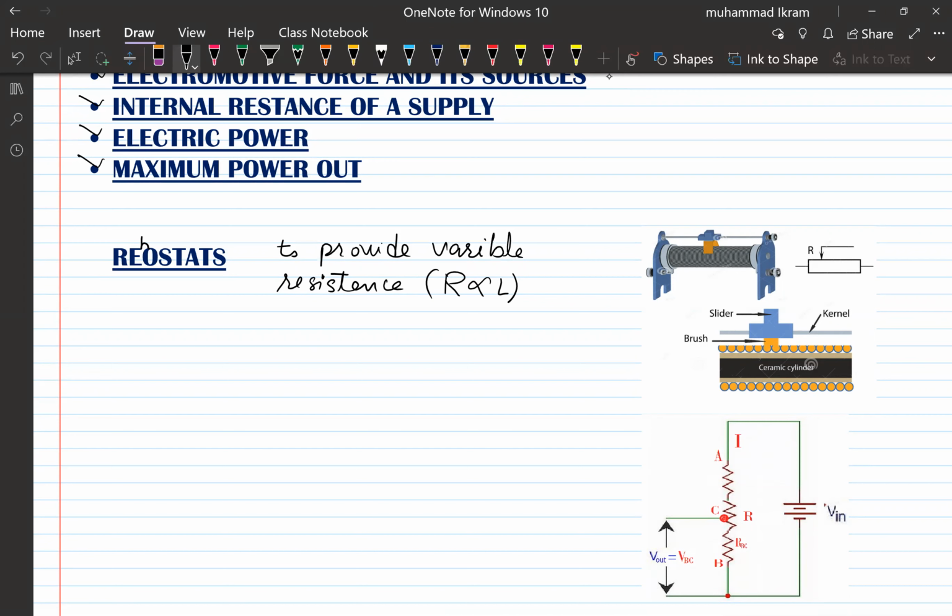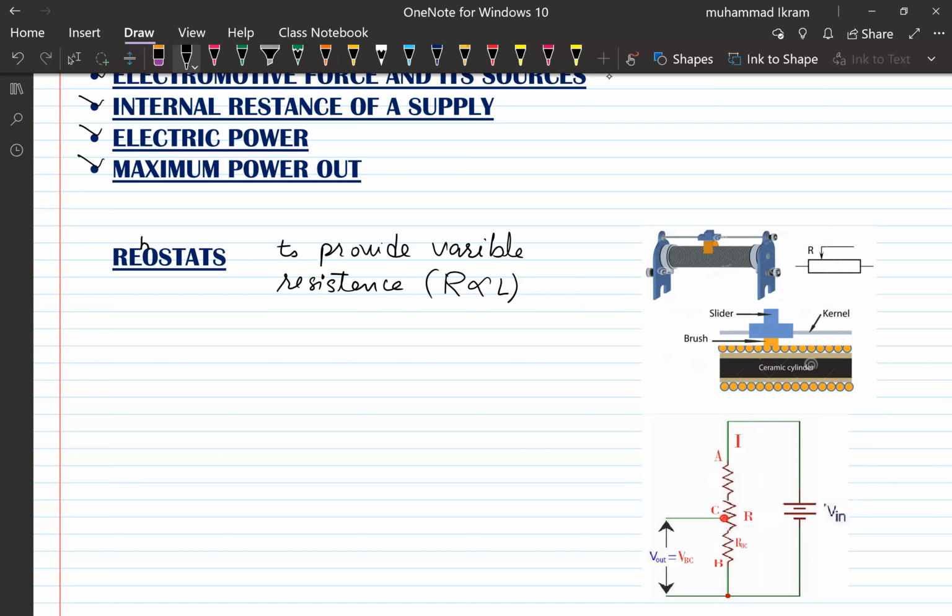You know a resistor is a device which is used to control the flow of current in a circuit. So variable resistance means full control on our current or potential difference.